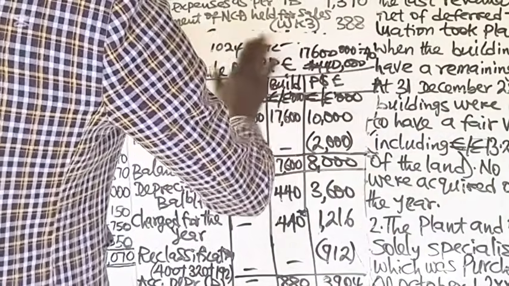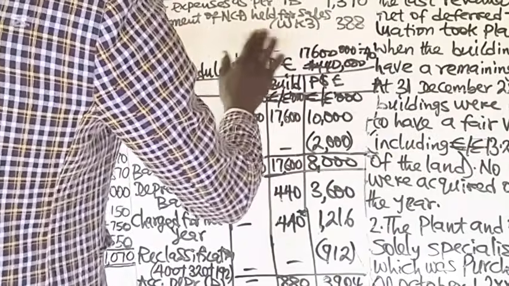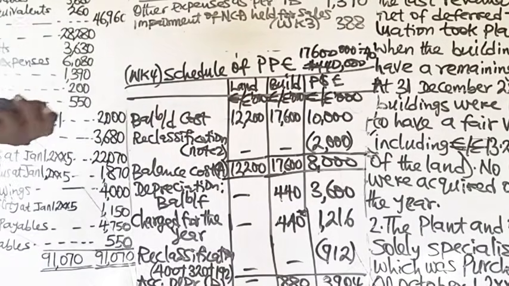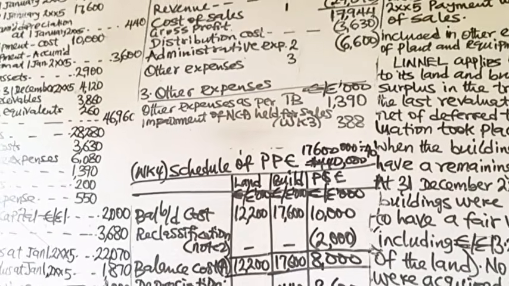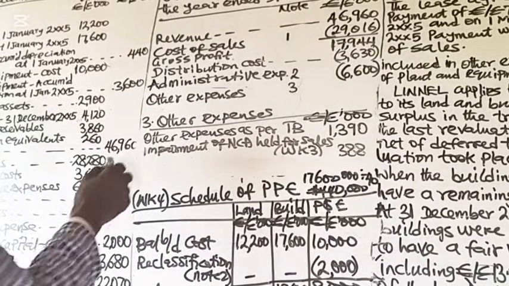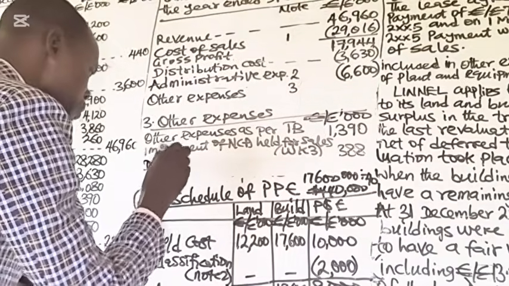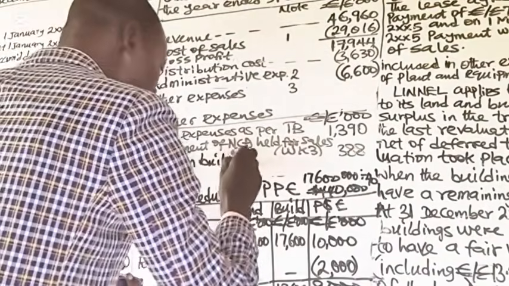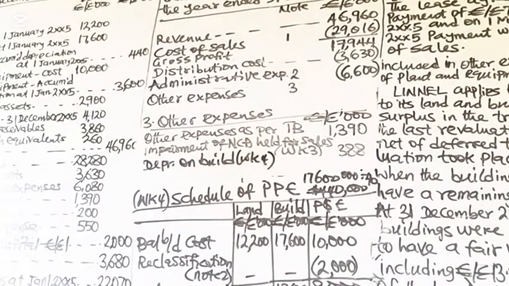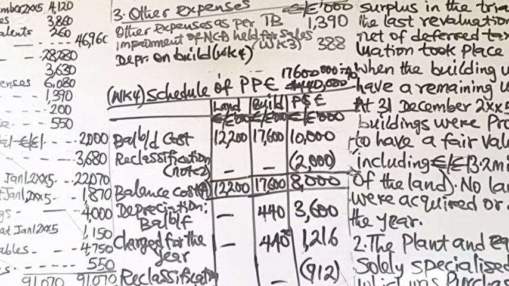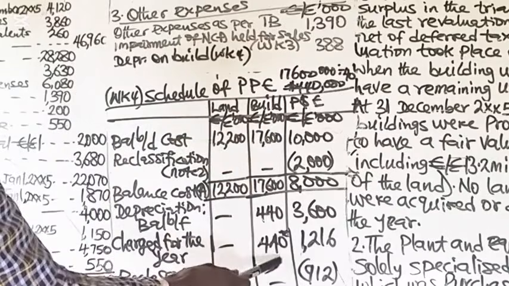So how much now is the depreciation that will be included in other expenses? Remember, you were told only the depreciation on the building is to be included in other expenses, not the entire depreciation. Depreciation on building. Now, if you go back to our working number 4, the depreciation to be spent during the year in respect of building amounted to 440.